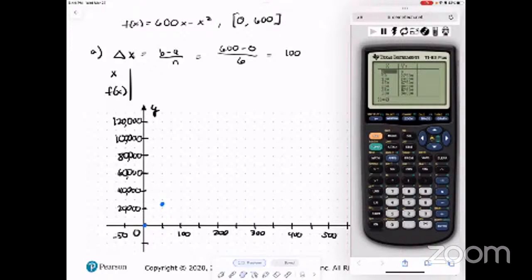Okay. I guess maybe just duplicate. So then the next one is 150. So 150,000 should be here. 150, 67,500. Paste.